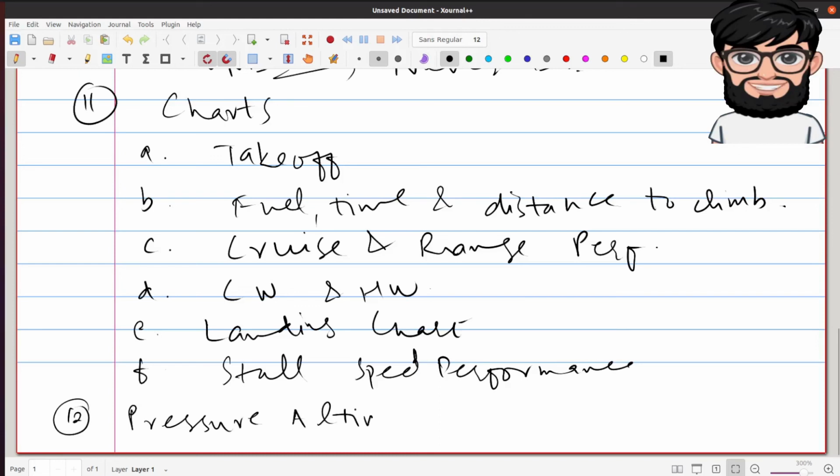We did talk about the density altitude, right? So the pressure altitude is basically the altitude indicated when the altimeter setting window is adjusted to 29.92, right? And what is that 29.92?